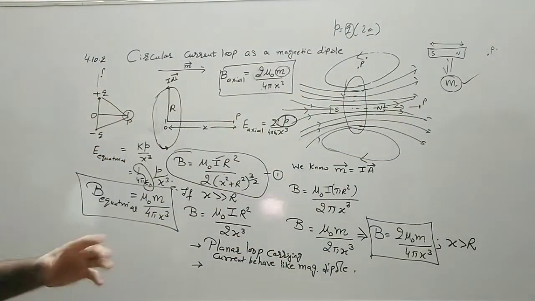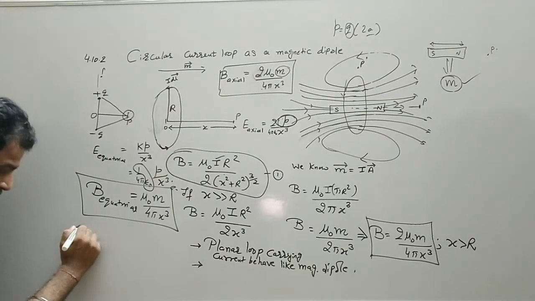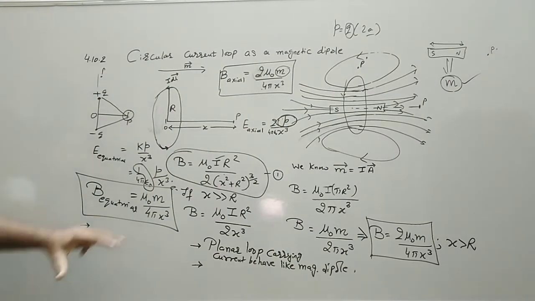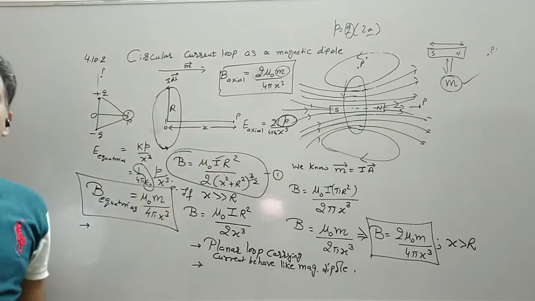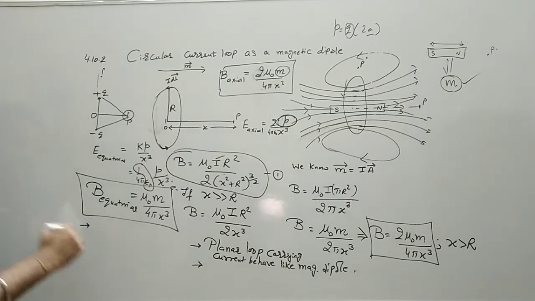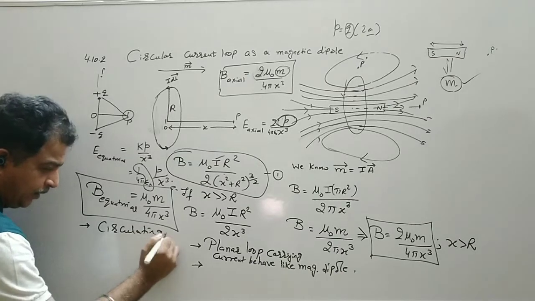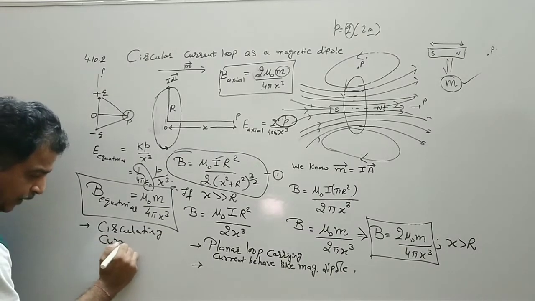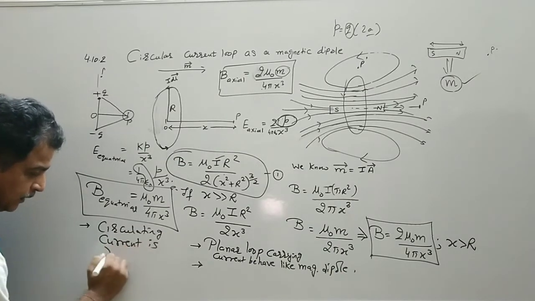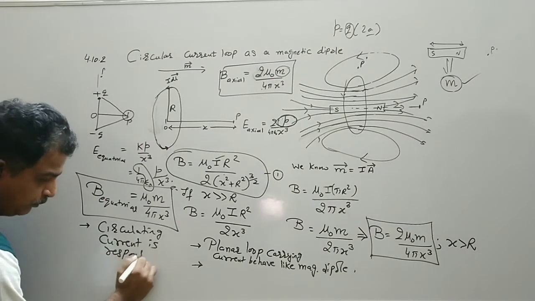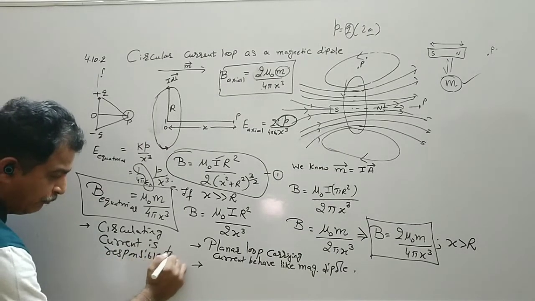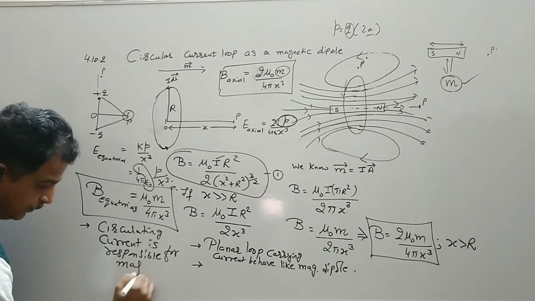And from all these experiments or observations, Ampere said that circulating current is responsible for magnetism.